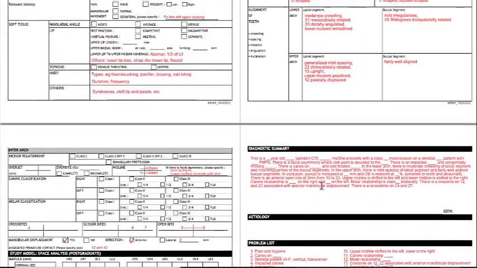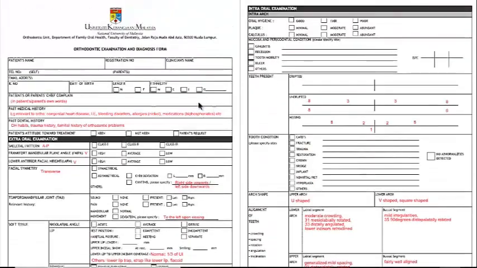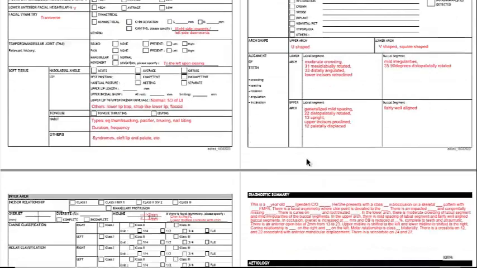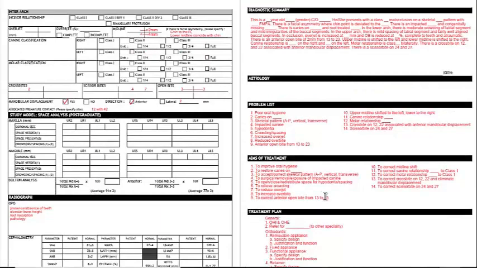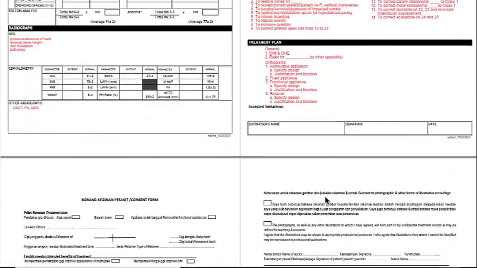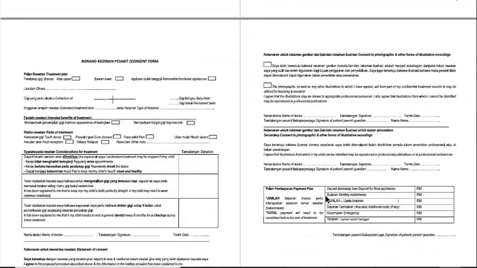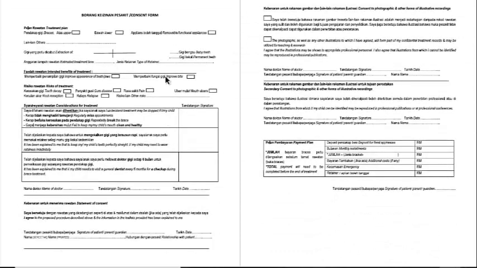In the END form, you have patient's detail, extraoral examination, intraoral examination, radiographic finding, and then all the summary and all the treatment plan. And the last 2 pages is for consent in terms of the treatment consent, and then photograph consent, and then for charges.